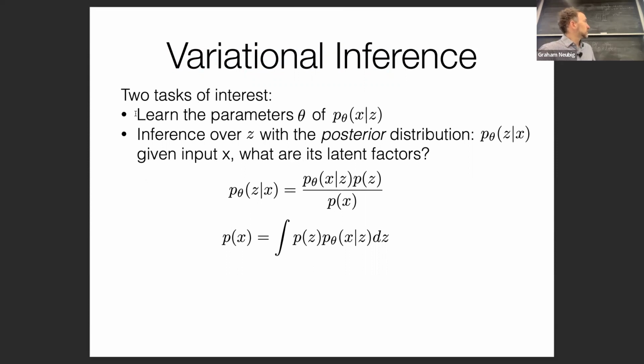There are two tasks of interest. We'd like to learn the parameters of this probability of x given z. And another thing we'd like to do is inference over z with this distribution, basically the probability of z given x. So given x, what are the high probability values of z?